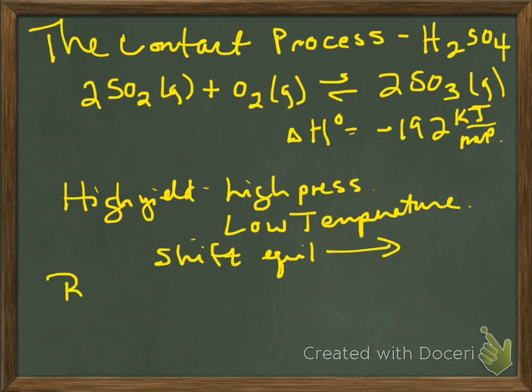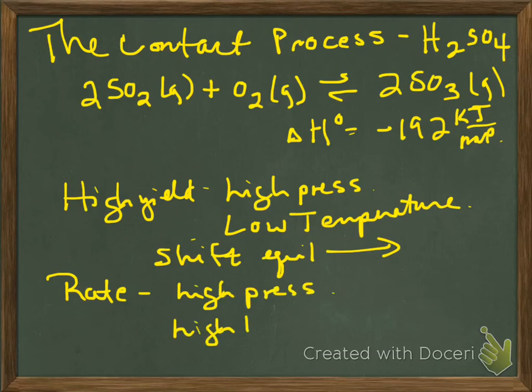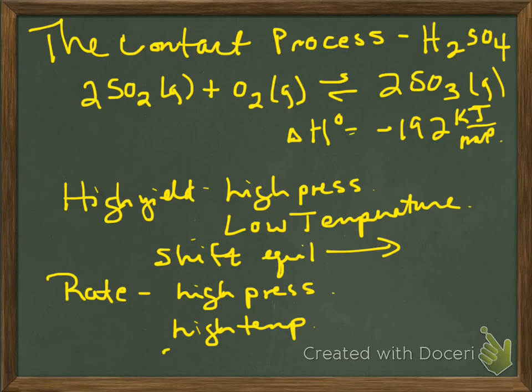How about for rate? We want to look at high pressure. Well, that's good because that works in our favor. But for the rate to be high, we would prefer a high temperature. Again, that has to do with the activation energy, and more collisions. Okay. So what they've found out is, going back, and a suitable catalyst, forgot that part.